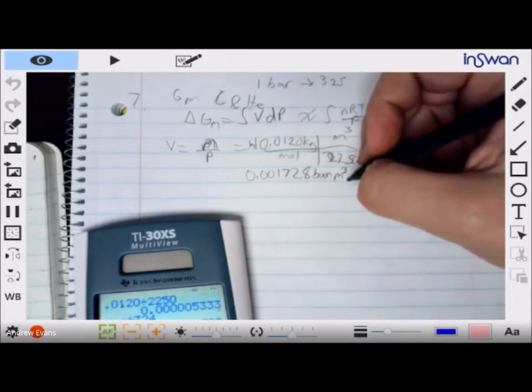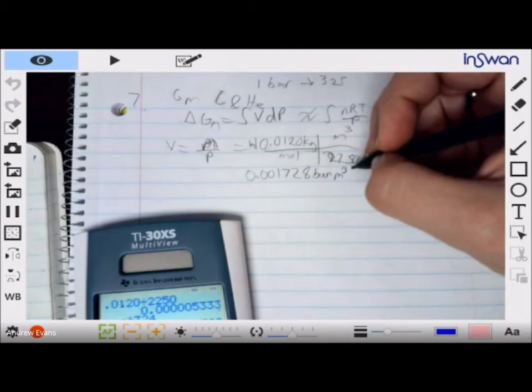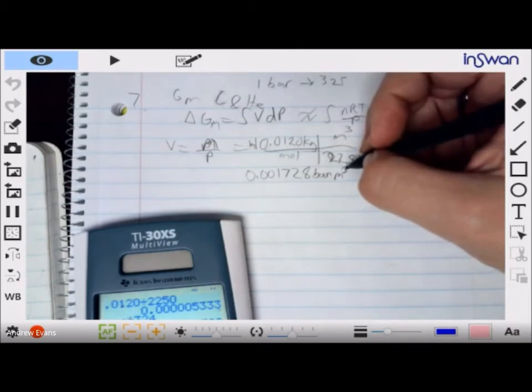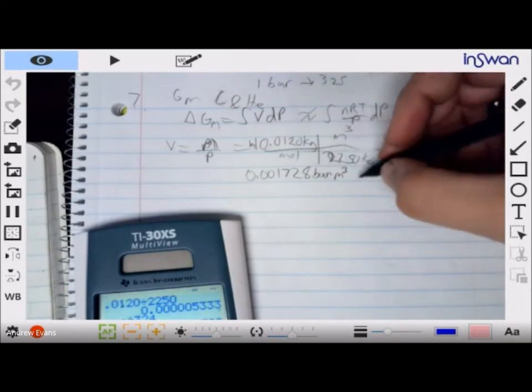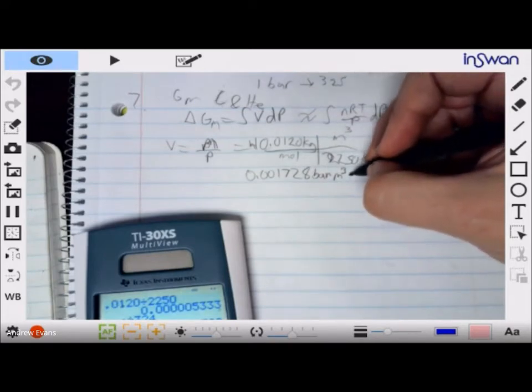And then we can turn that into a joule. So we have to turn this into 1 joule.